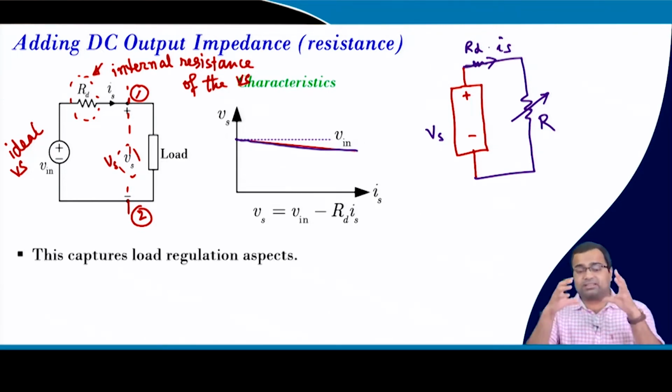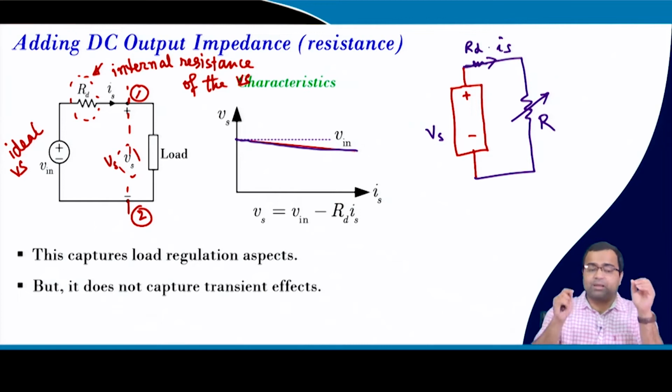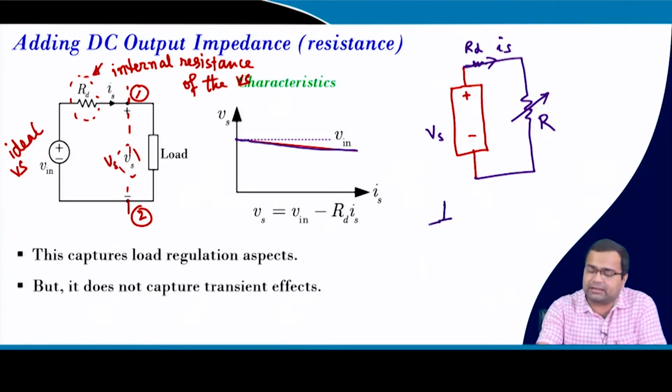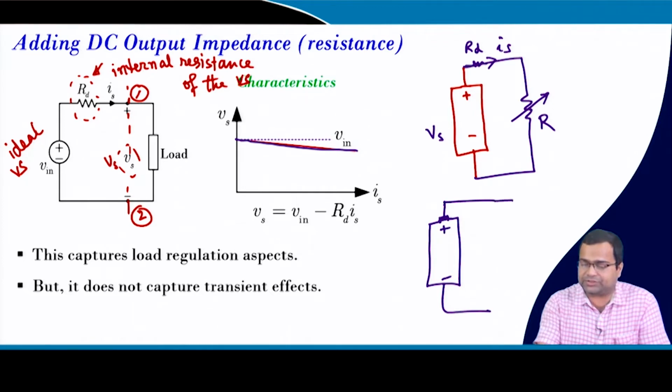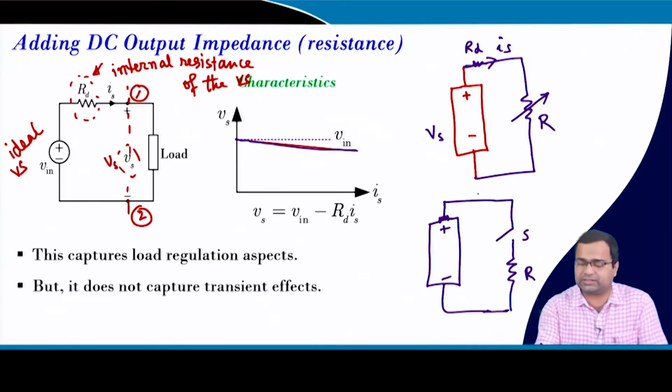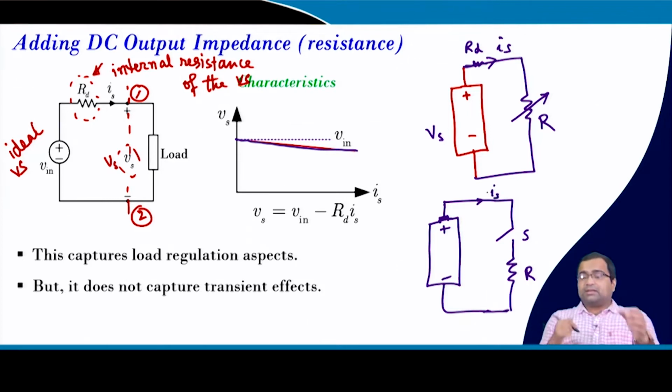But this captured the load regulation aspect, that means every voltage source has some finite DC output impedance, the DC characteristic, but it does not capture the transient, because if we apply a transient current, suppose you again take a battery and apply a switch and a resistance here, and now we turn on and off this switch in a periodic manner, you will no longer find only the DC effect.